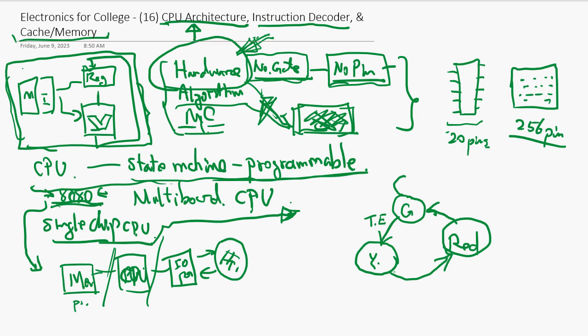But with a pedestrian signal, usually it stays red until something happens, a command is given. It doesn't go around by itself. Usually it stays here.